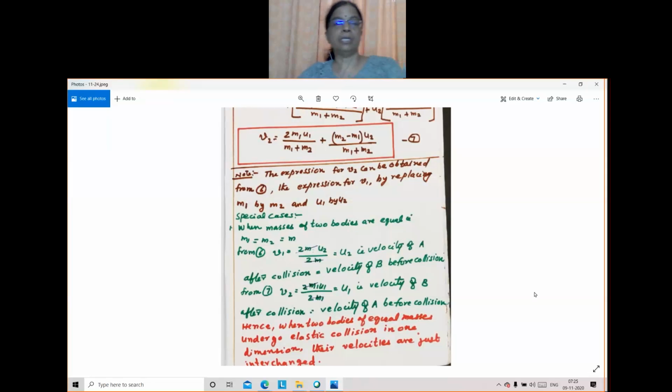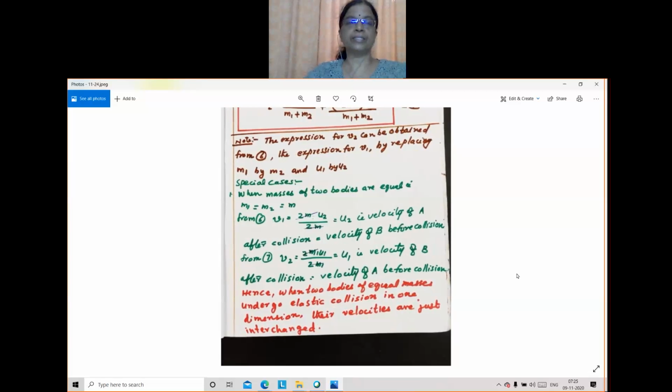So we got the expression for the two velocities after collision, v1 and v2, and we are going to discuss the special cases.